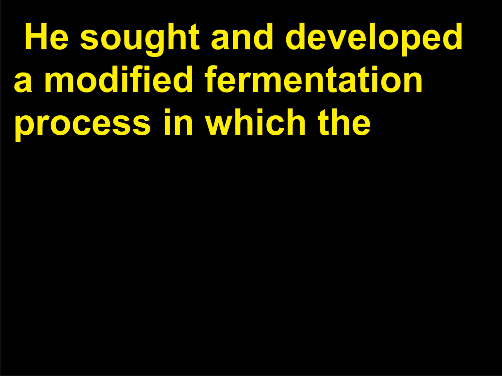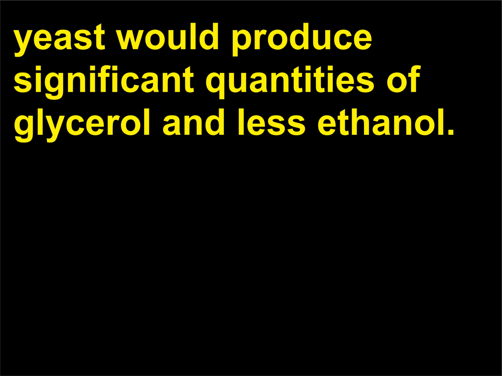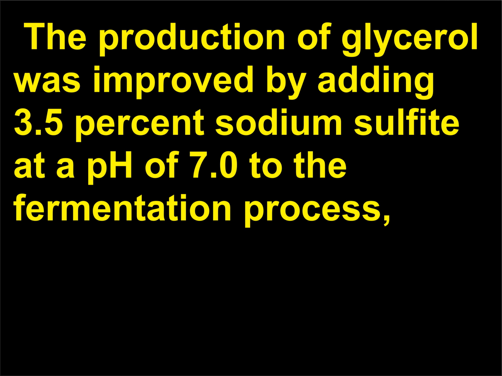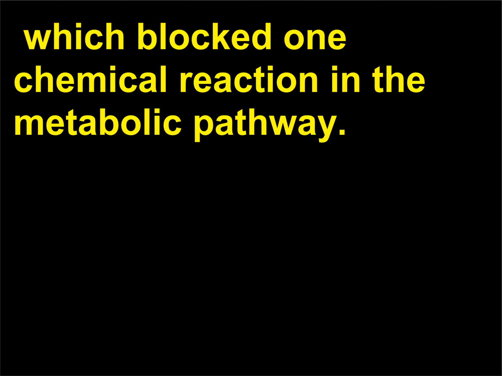He sought and developed a modified fermentation process in which the yeast would produce significant quantities of glycerol and less ethanol. The production of glycerol was improved by adding 3.5% sodium sulfite at a pH of 7.0 to the fermentation process, which blocked one chemical reaction in the metabolic pathway.